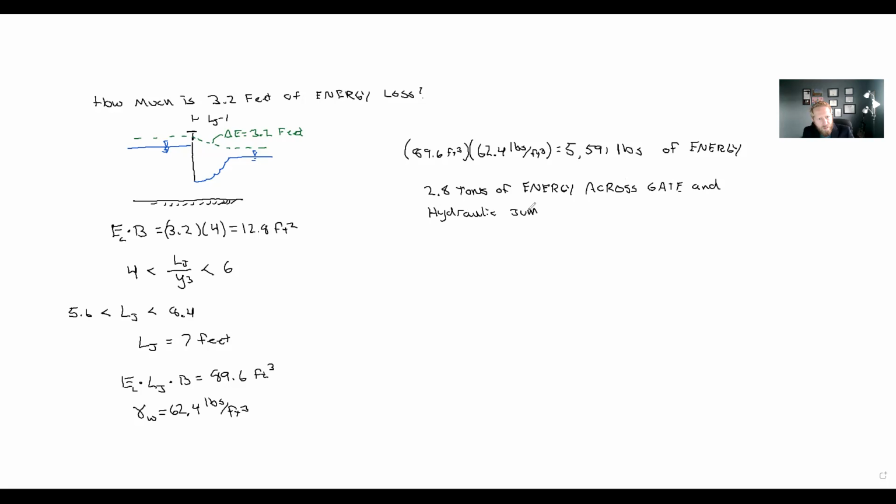So even for a very small jump and a relatively small flow rate through the gate, only a 1 foot opening, if we go by the jump length and get our energy loss into cubic feet, that's a lot of loss of energy. 2.8 tons of energy lost just going through the channel.